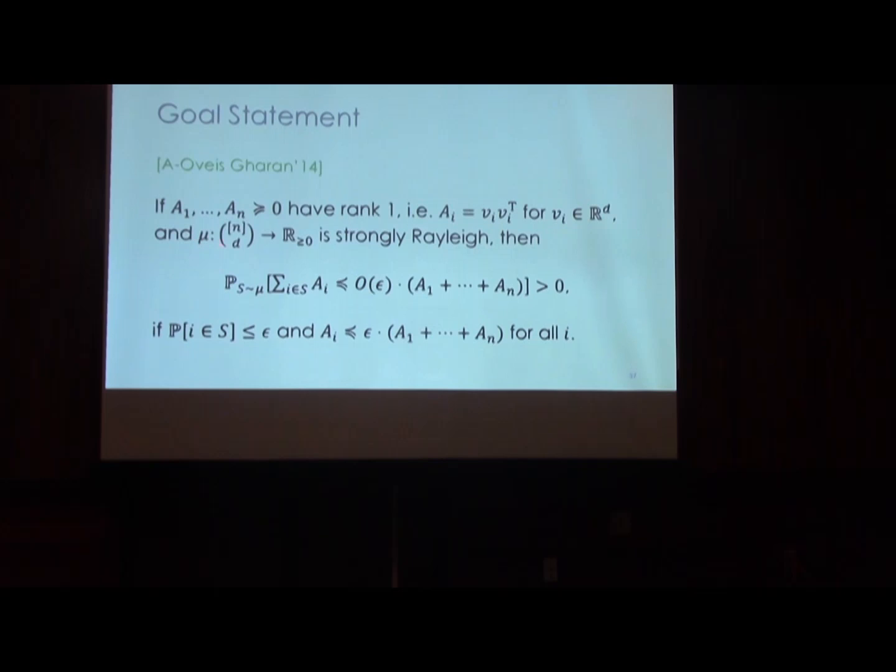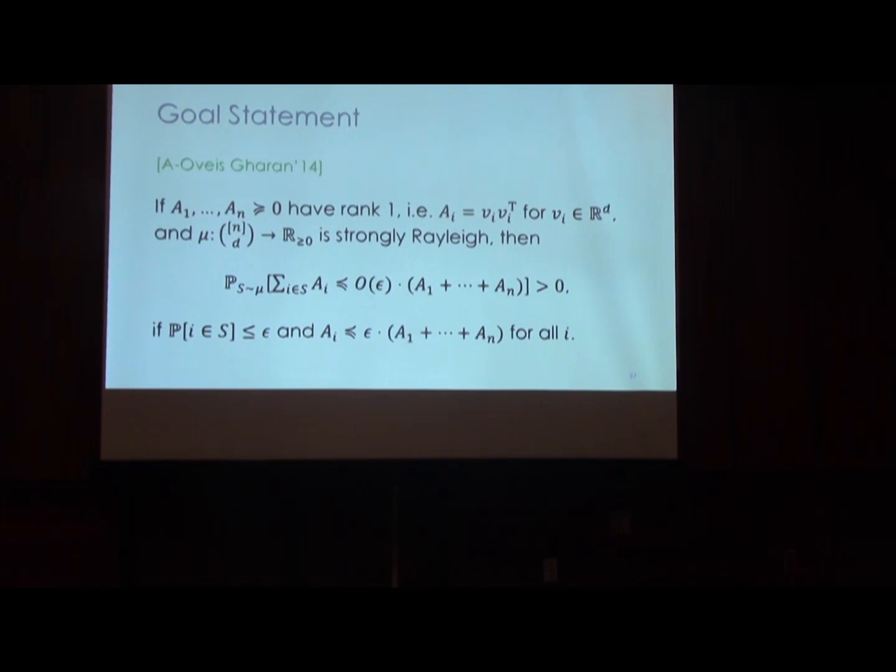Now let's say that you have a strongly Rayleigh measure on 1 through n, that's supported on sets of size d, where d is the dimension where these vectors live. So this is somewhat selecting a basis out of these vectors, or at least a set which has the necessary size for being a basis.